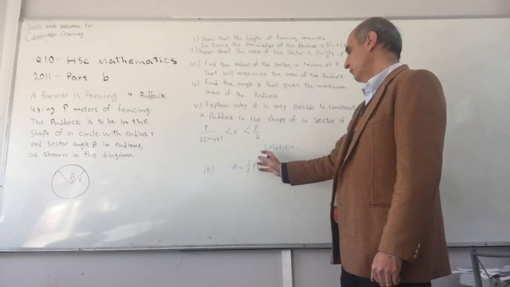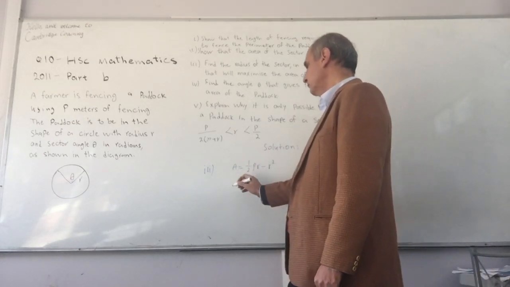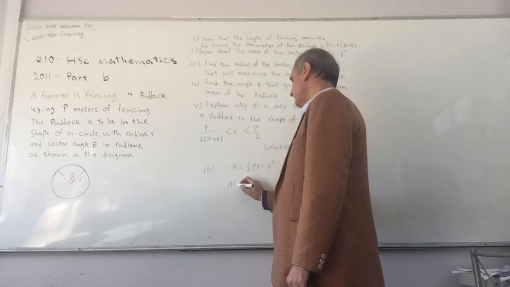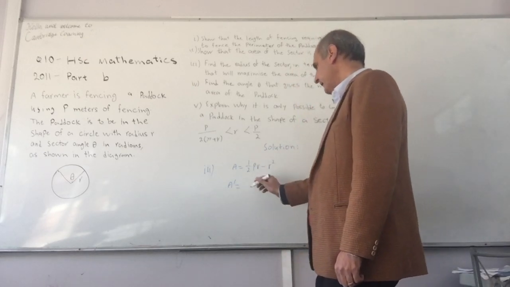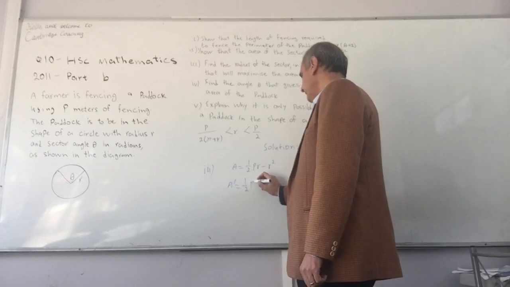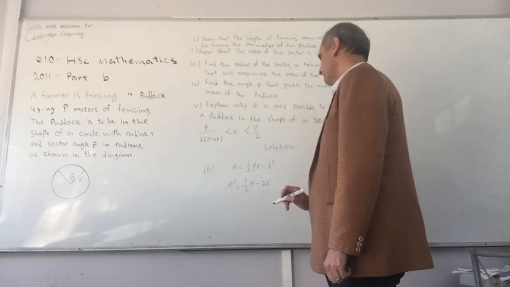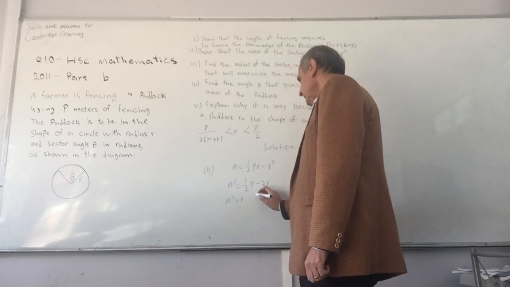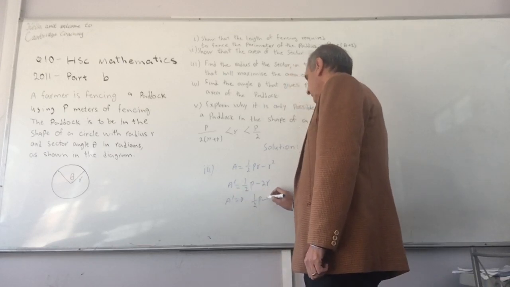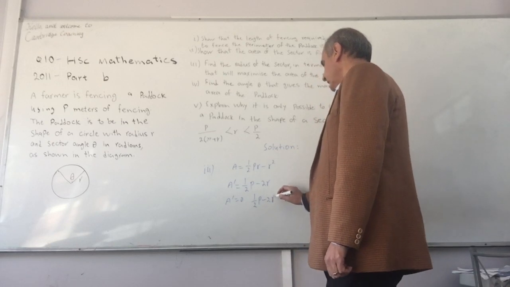So what I'm going to do now is differentiate with respect to r. That will give us half P minus 2r. Then I put the derivative equal to 0. That gives me half P minus 2r equal to 0.